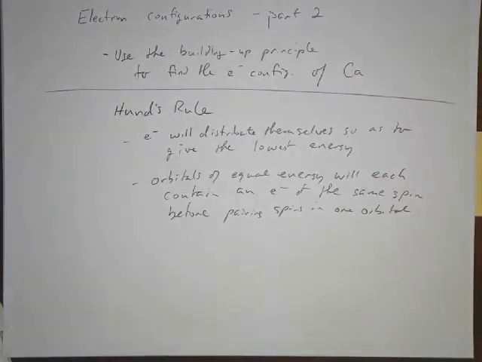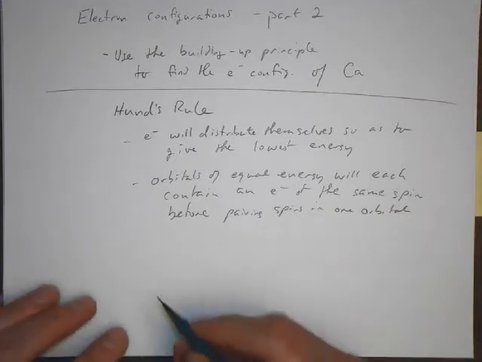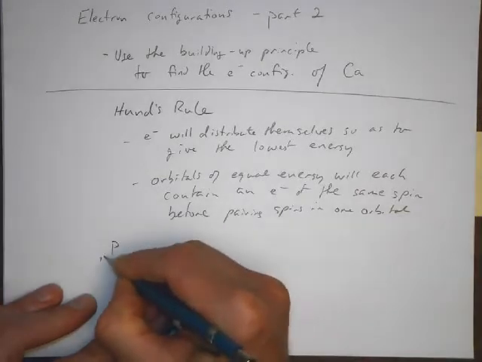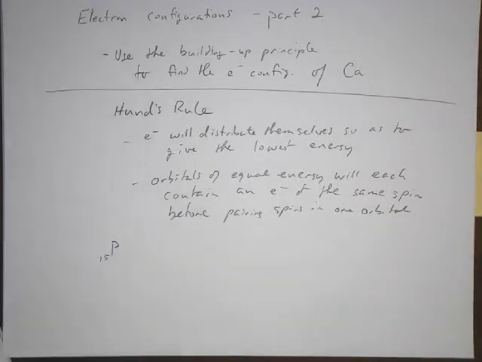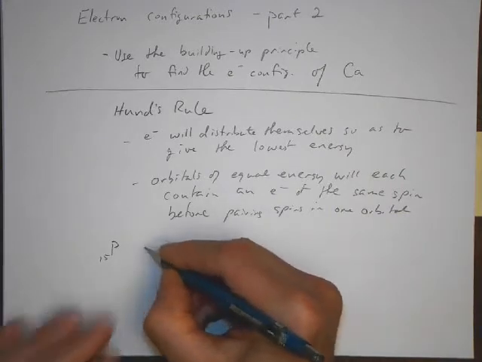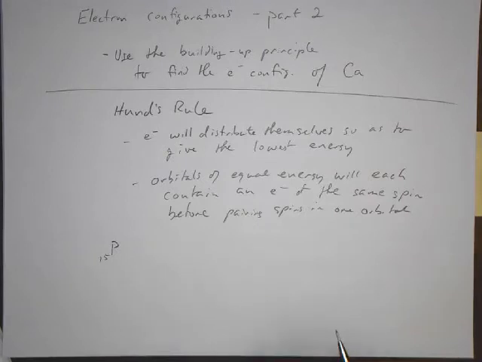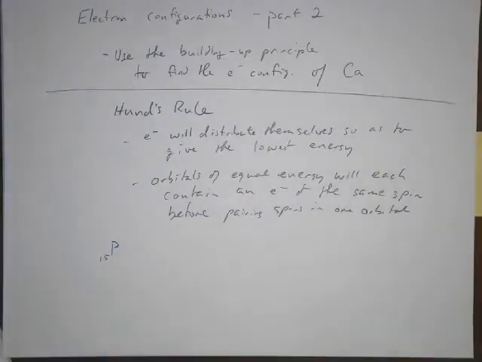Okay, let's look at an example of this to be able to see what we mean. Let's take the phosphorus atom, phosphorus 15. What would the electron configuration be for phosphorus? Well, we can use our periodic table that we had just looked at.